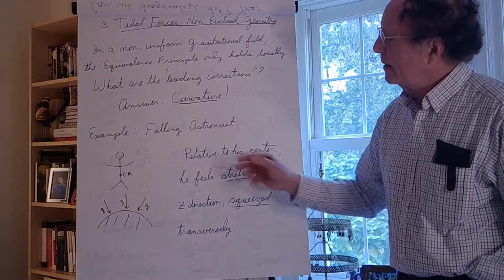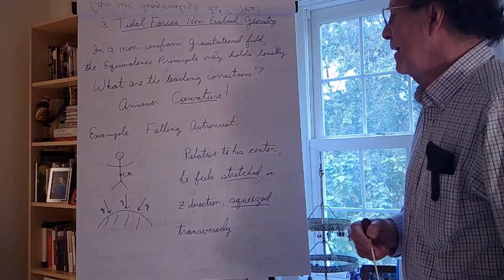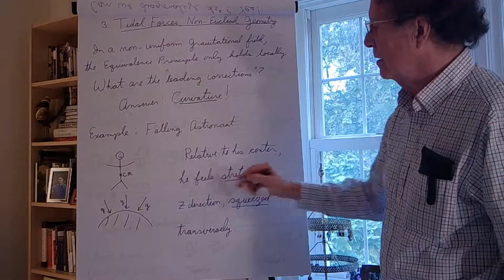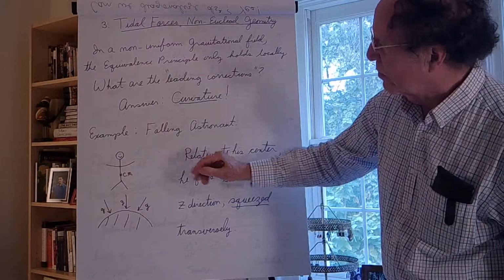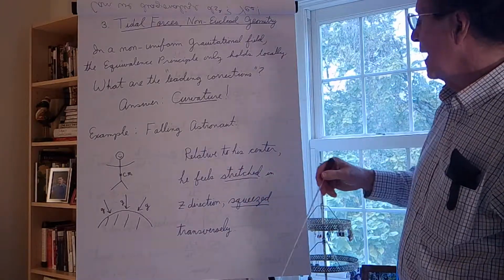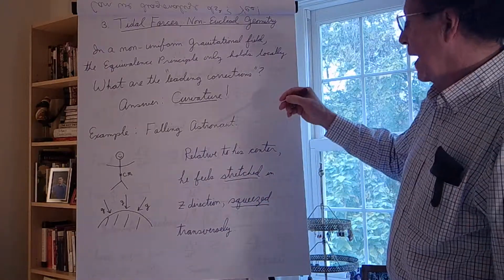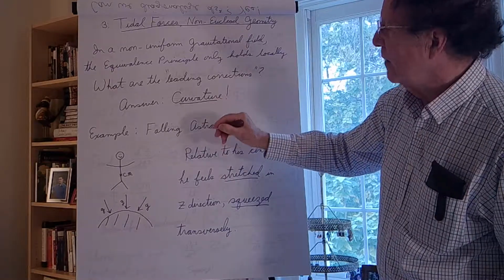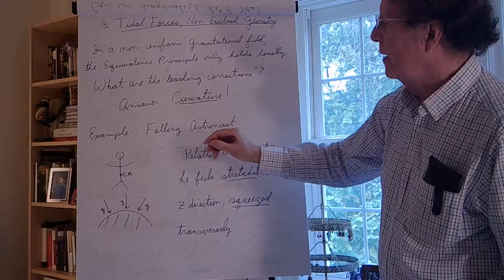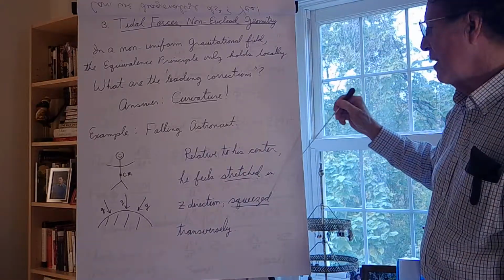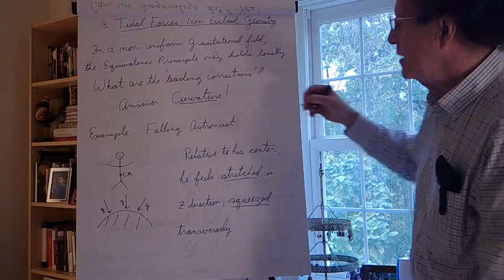Okay, but I'm doing an excursion outside my spaceship, and here I am subject to gravity of Saturn, and it pulls down as shown here. So I'm a falling astronaut, and I have a center of mass, I have my head up here, I have my feet down here, I have my arms over here. So relative to my center, I will feel stretched in the z direction and squeezed transversely.